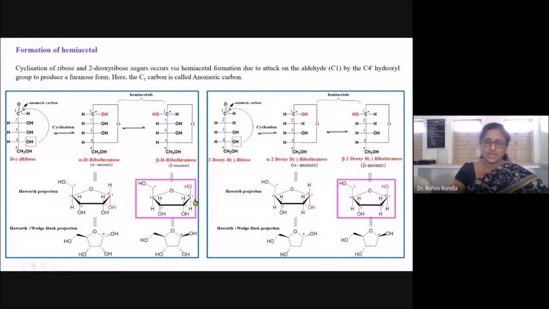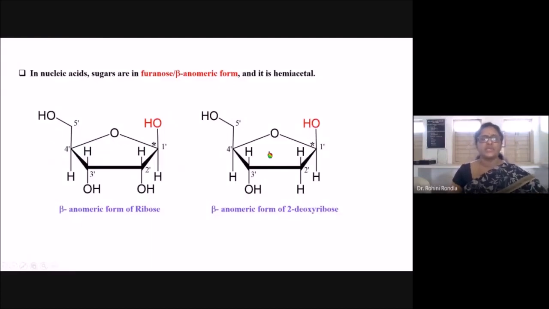Just remember these 2 structures. This is the beta anomeric form of ribose. In nucleic acids, sugars are in the furanose form, the beta anomeric form, as a hemiacetal. Not alpha, remember, the beta anomeric form.